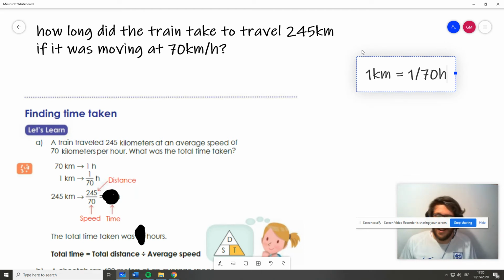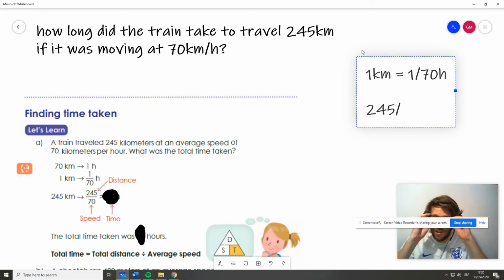So now I know that a kilometer is 1/70th. And I also know that the total distance is 245. So what I can do here is put as a fraction 245 over 70.